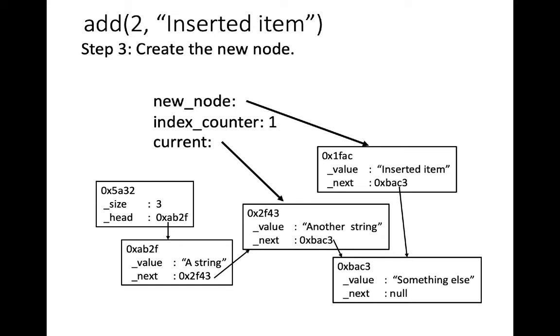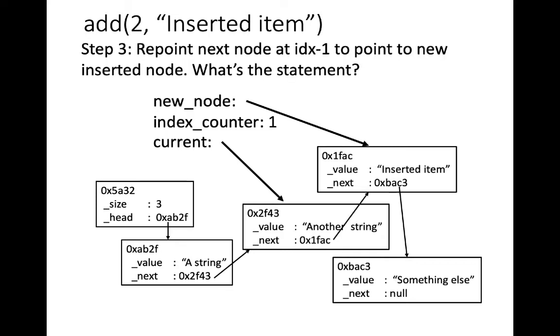But now I have to fix things up. I need to finish the step 3, which is to repoint. In other words, update the node at index -1, which in our picture here is what current is pointing to, in order to have it, instead of pointing to what it used to point to, point to the new node, right? I want to update it so that instead of pointing to something else, this node here points to my inserted item in order to fix up my chain, right, and complete the insertion.